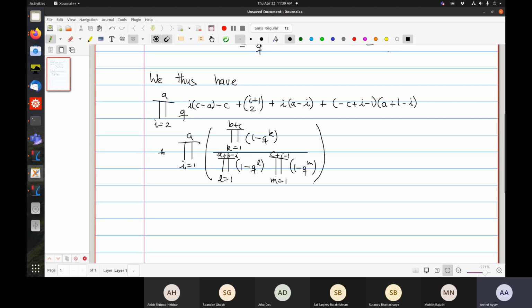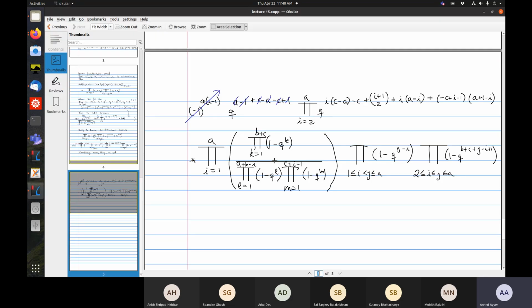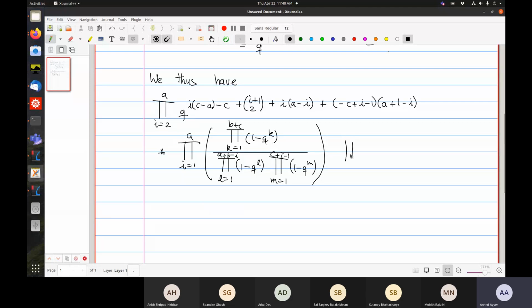So all these products are inside this bigger product, and then we have these other two products. Product 1 less than or equal to i less than j less than or equal to a.